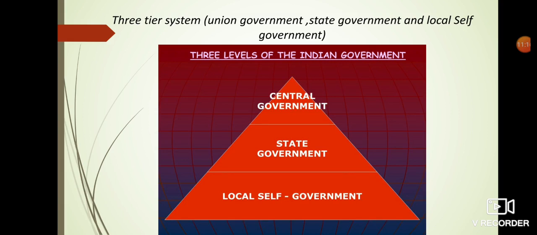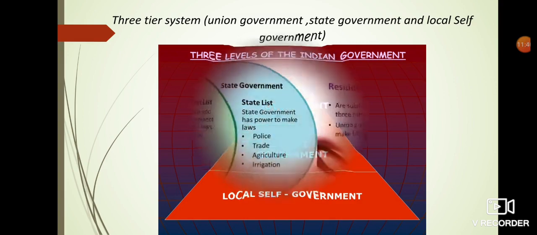Later, a 3rd tier of federalism was added in the form of panchayats and municipalities, which is also called local self-government. The Constitution clearly provides a 3-fold distribution of legislative powers between the union government, the state government, and the local self-government.